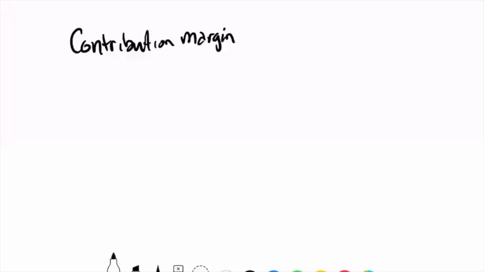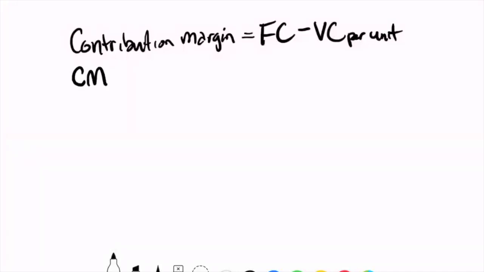So our contribution margin can be understood as our fixed costs minus our variable costs per unit. And then we can go even further and we can calculate our contribution margin ratio.